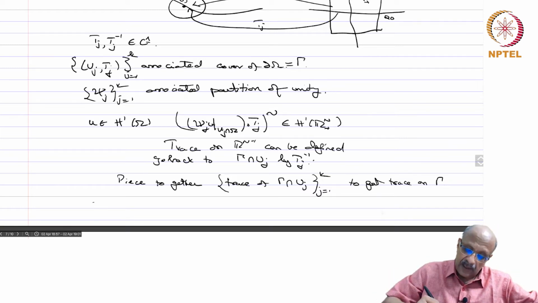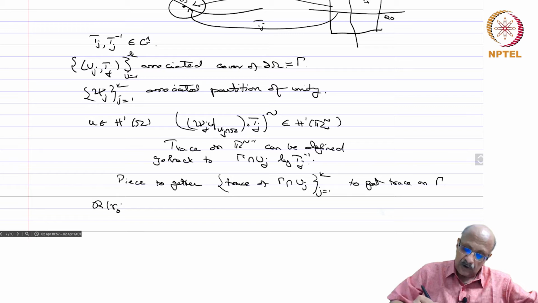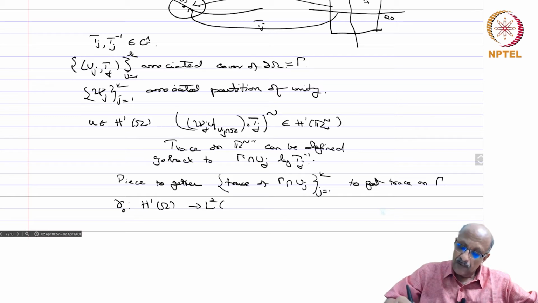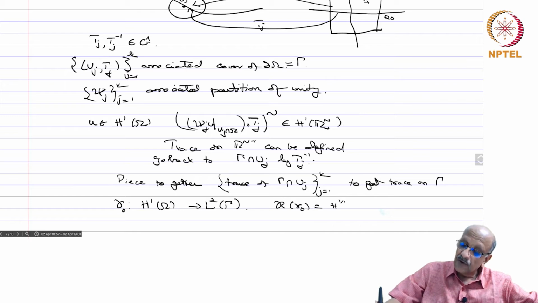and in fact we will get gamma naught from h1 of omega to L2 of gamma. Okay, and then range of gamma naught will be h half of gamma, and kernel of gamma naught will be h10 of omega.